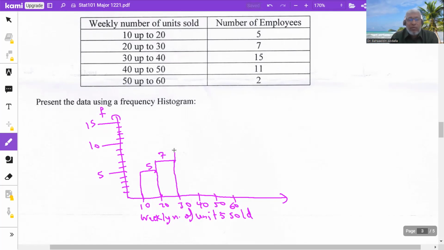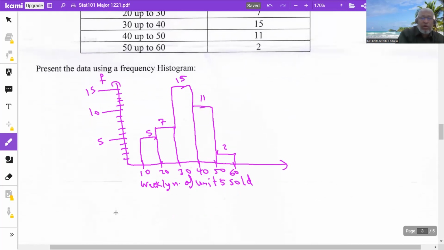From 30 to 40, the frequency is up to 15. From 40 to 50, up to 11, so it is up to here. This is 11. And from 50 to 60, that's 2. So this is the required frequency histogram.